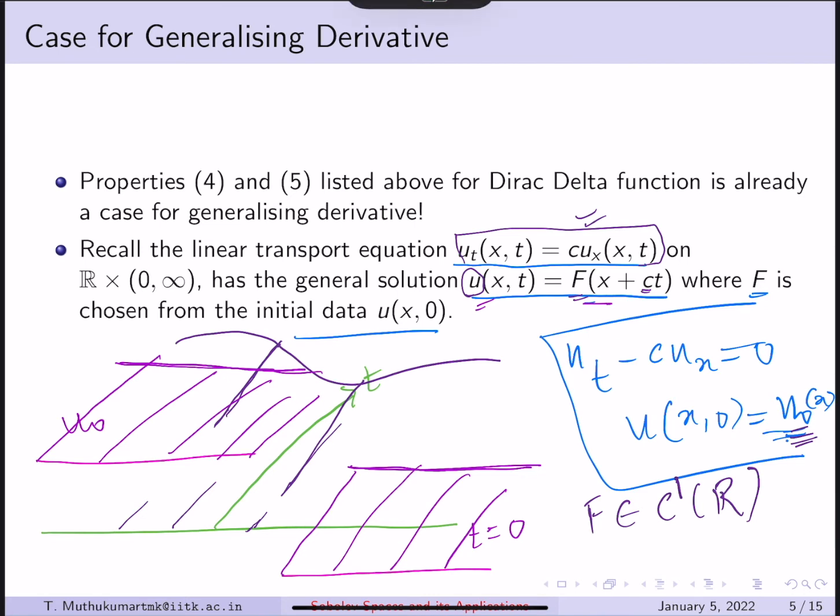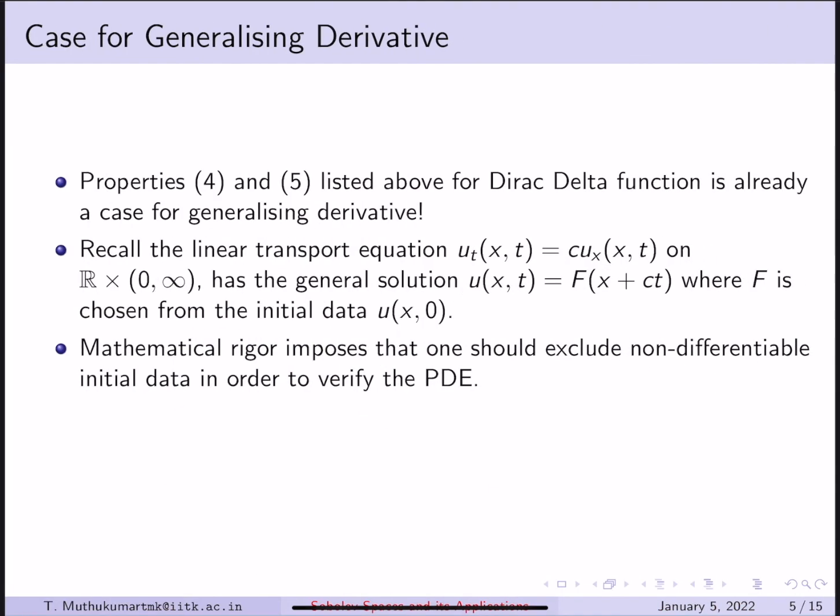Okay, and then finally, this is what I have described already. The mathematical rigor is what makes the choice of f for the initial data. It imposes the smoothness conditions on the initial data and so on.